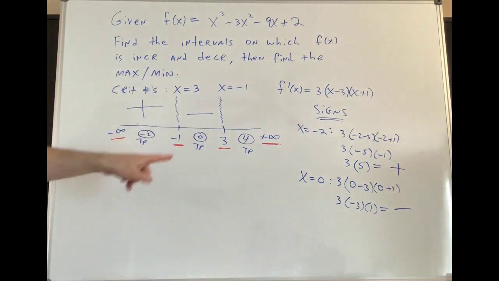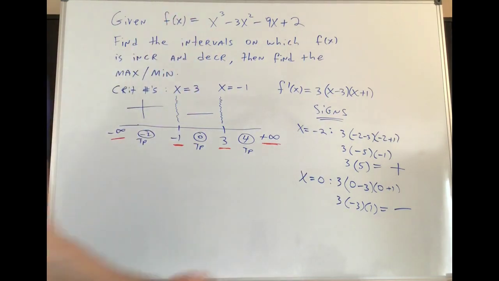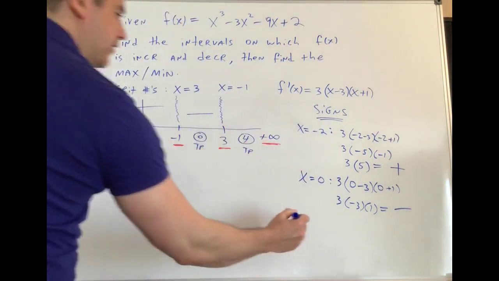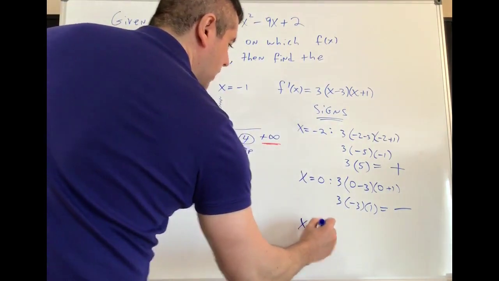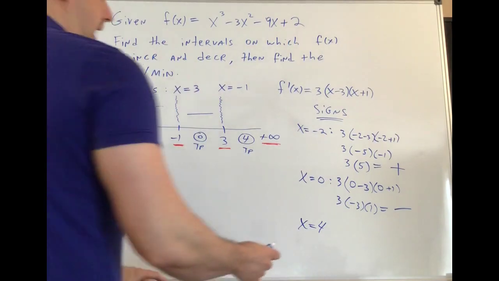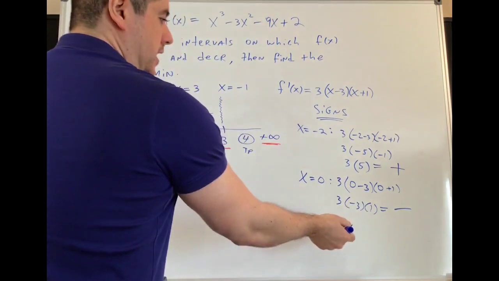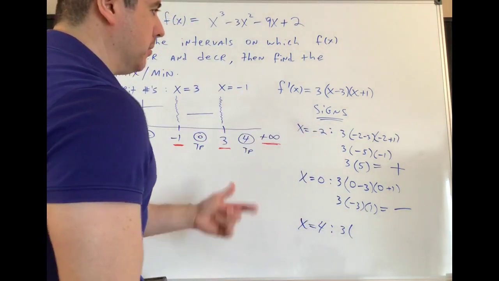Now I have to do the last one. The graph might keep going down, or it might come back up. I don't know. So I'm going to test one last number. Like I said, if you want to pick x is 5, x is 100, pick whatever you want. So 3. Again, you don't even need this 3 there. This 3 doesn't affect the problem, right?